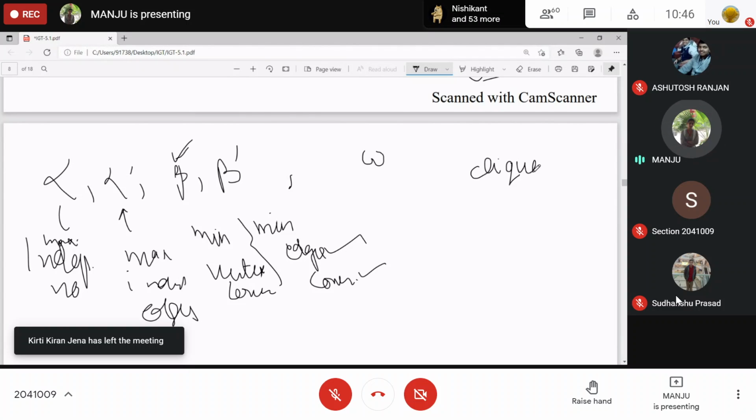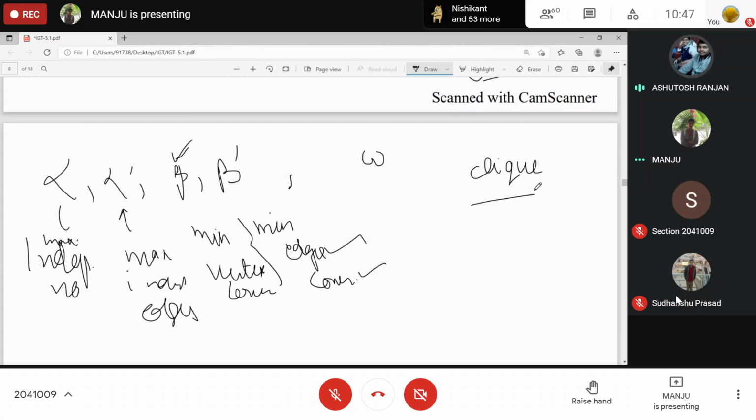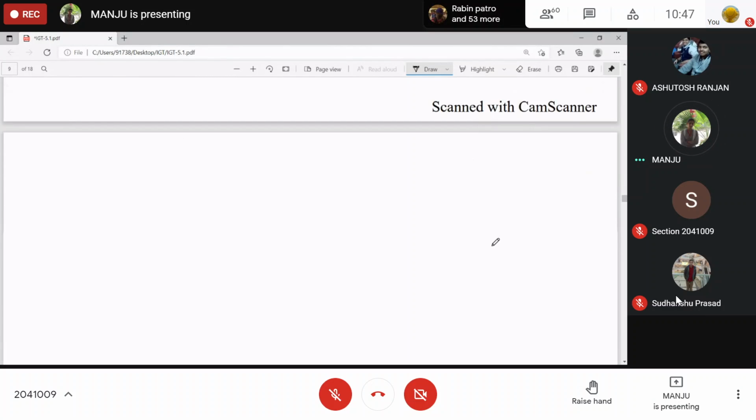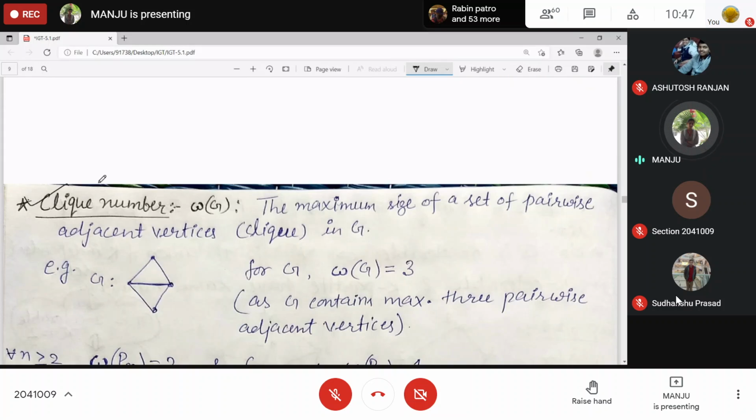Clique was a set of pairwise adjacent vertices, and the maximum clique size is omega. So alpha is the maximum number of independent vertices, and omega is the maximum number of pairwise adjacent vertices. This is your clique number, the maximum size of a set of pairwise adjacent vertices, denoted by omega of G. In this graph, can you tell me omega?